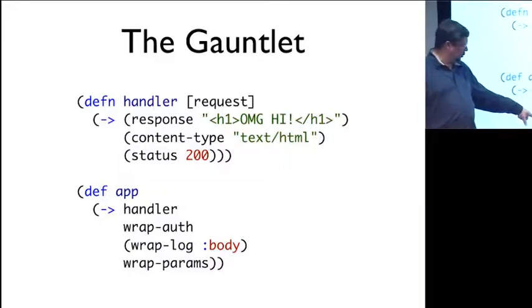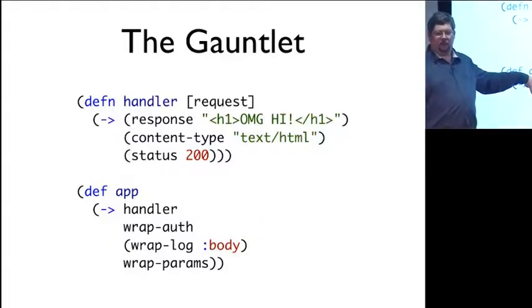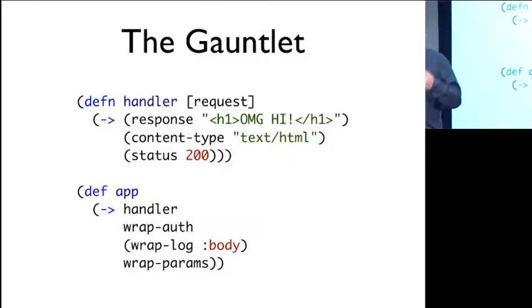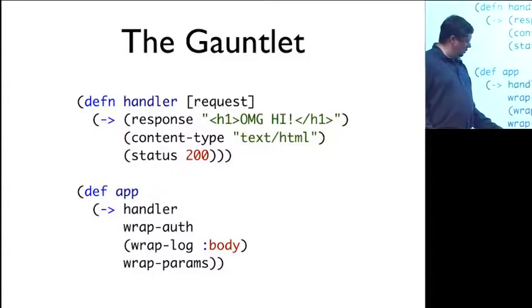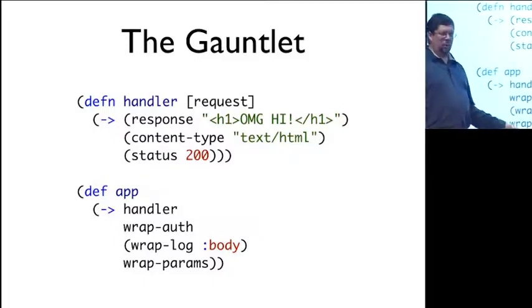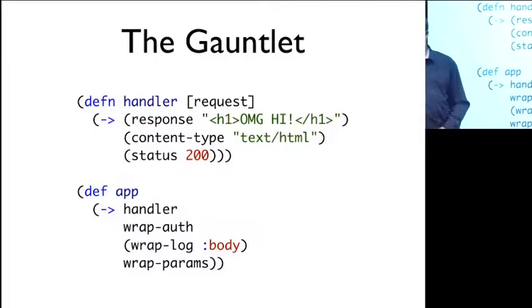These are all middleware. And it builds a string of 3 handlers and finally the app at the end. So it's typical to see something like this in the initialization of a Ring application. And the way you read this is that the request comes in this way and gets turned around and the response goes out that way.